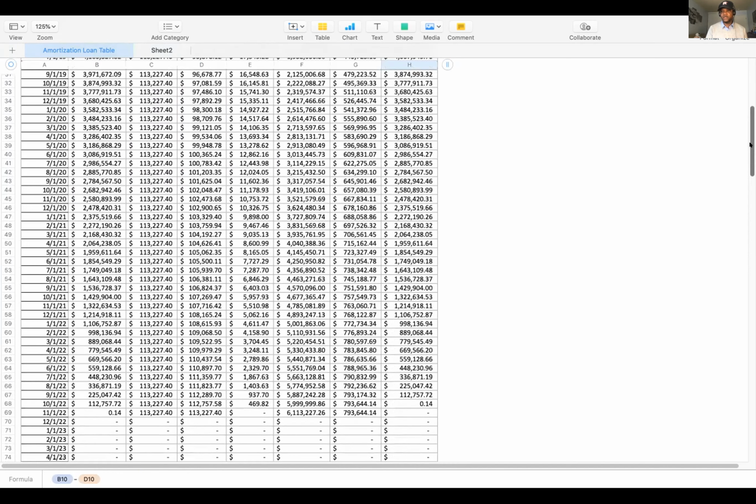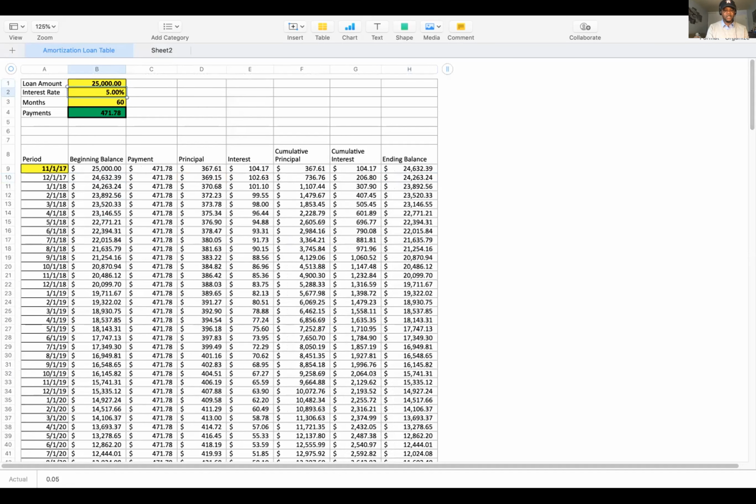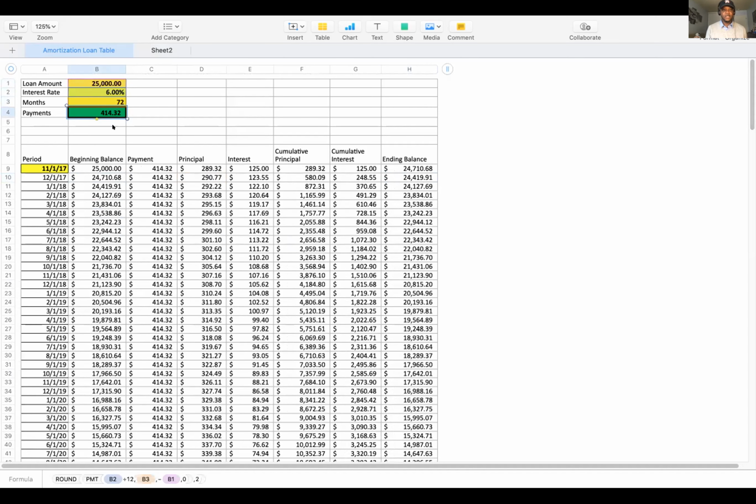Okay. So if you have a car loan, can I just digress for a little bit? Say you're thinking about taking out a car loan, and you want a $25,000 car loan, and they're telling you the interest rate's going to be 6% for 72 months. It's going to be $414.32 as your monthly payment.